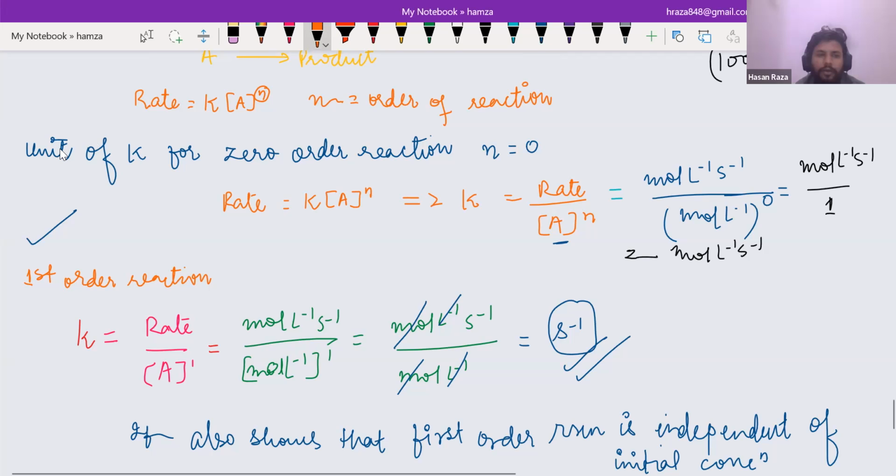Okay. So have you got all this? Did you understand the unit of rate constant, or should I repeat it? Please do write it and let me know if you have any doubt.